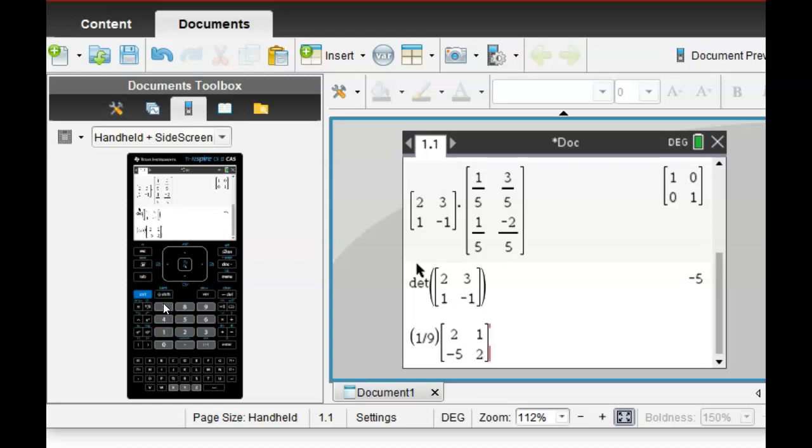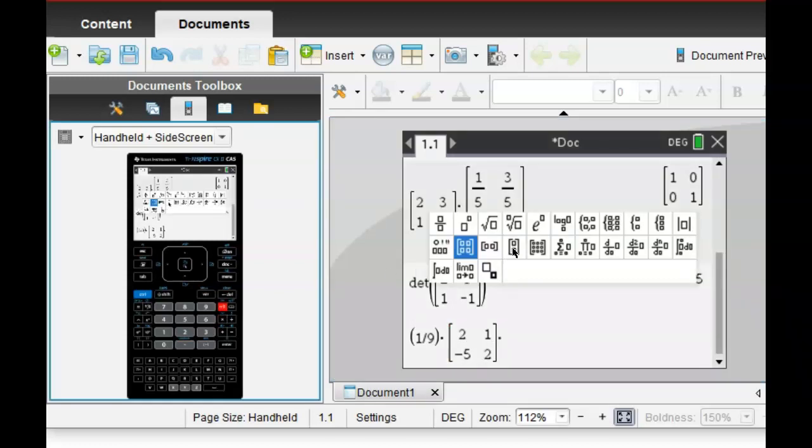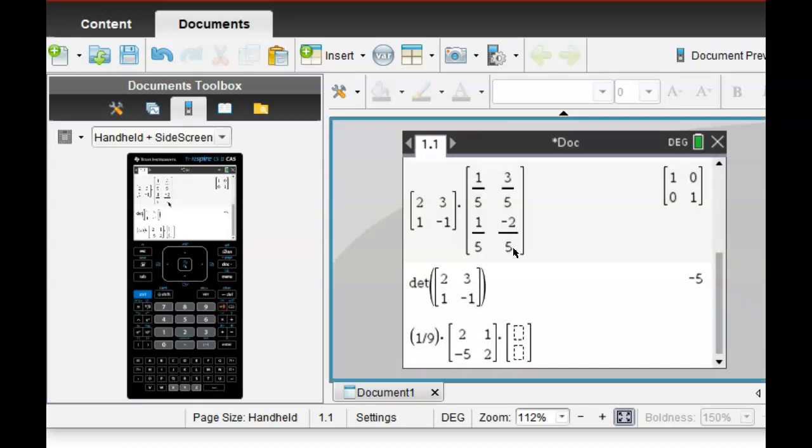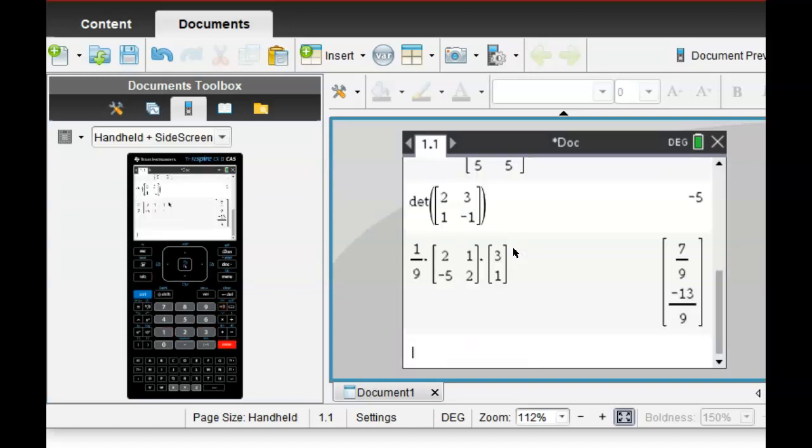And then we're multiplying that by, and I didn't put a multiplication sign in here, so I'm just going to put a multiplication sign in as well. Probably don't need to, but just in case. And then we've got a 2 by 1 matrix, so 3, 1. And there's your solution. So what have we got? 7 ninths and negative 13 over 9.